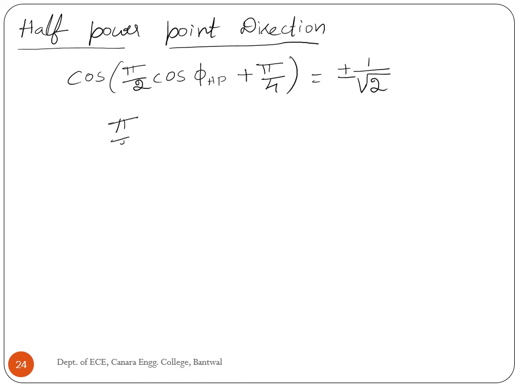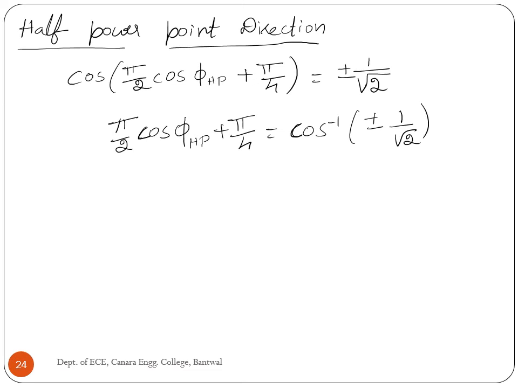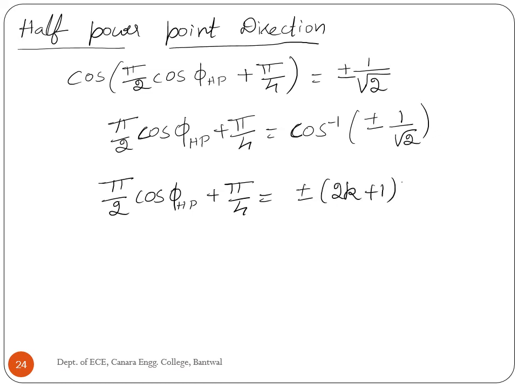So pi by 2 cos phi plus pi by 4 is equal to cos inverse of plus or minus 1 by root 2. Pi by 2 cos phi plus pi by 4 is equal to plus or minus (2k plus 1) pi by 4.